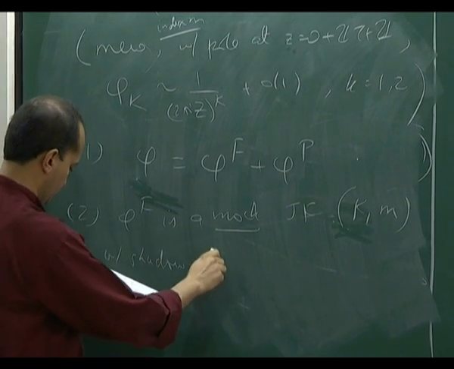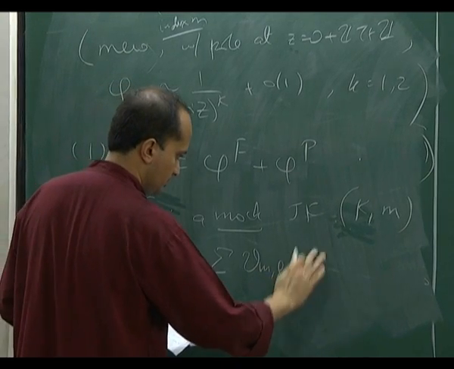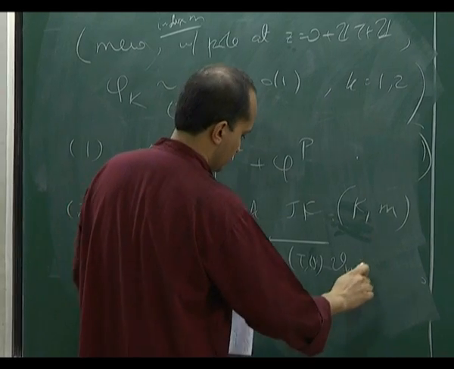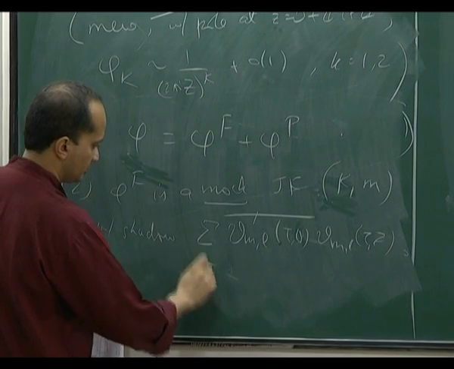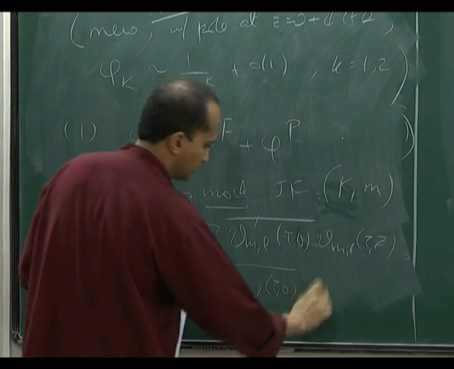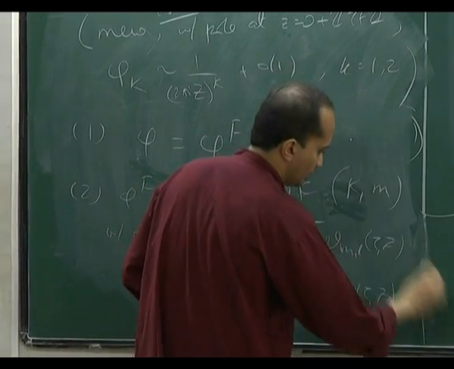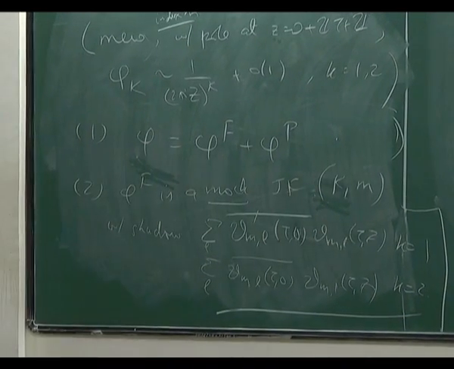So it's going to be really the last thing I write: theta_ml of tau, 0 times the conjugate of theta_ml of tau, z, or the corresponding prime versions, depending on the weights, so k equal to 1 and k equal to 2. Okay, so that's the theorem.